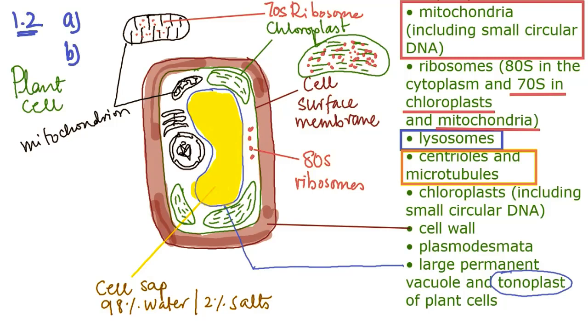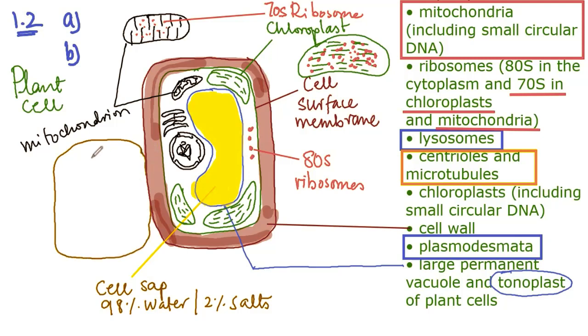The last organelle in this quick review of the whole topic is the plasmodesmata. Plasmodesmata is a structure which is only present in plant cells, and it is present between two plant cells. In order to understand the plasmodesmata, I'm going to draw another plant cell along with this cell, and this is going to explain the role of plasmodesmata. As you can see, I'm drawing another plant cell, and this plant cell is sticking to the previously drawn plant cell.